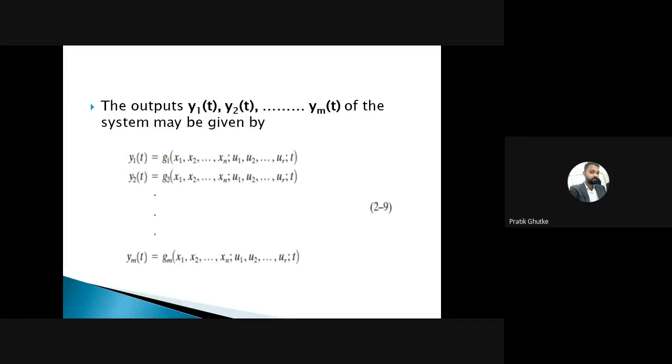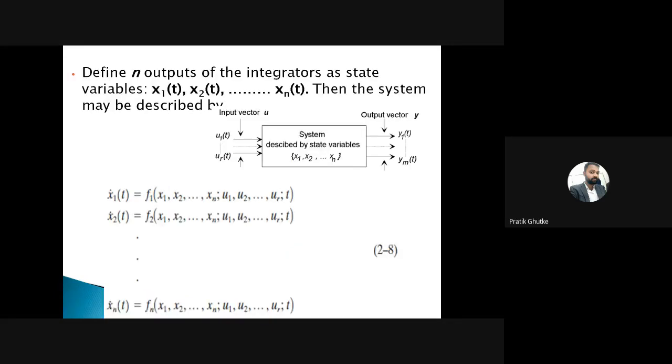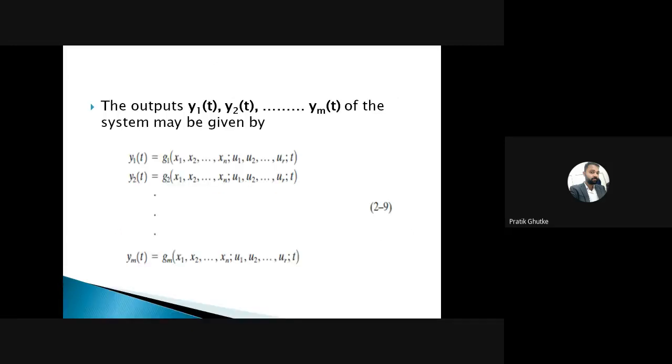Now, as I have defined the state equations, similarly I can define the outputs. The outputs y1 of t, y2 of t up to ym of t of the system may be given as follows. Previously I wrote the state equations in terms of x1 and x2. Now I am writing the output y1 of t as g1 of x1, x2 up to xn, u1, u2 up to ur of t.